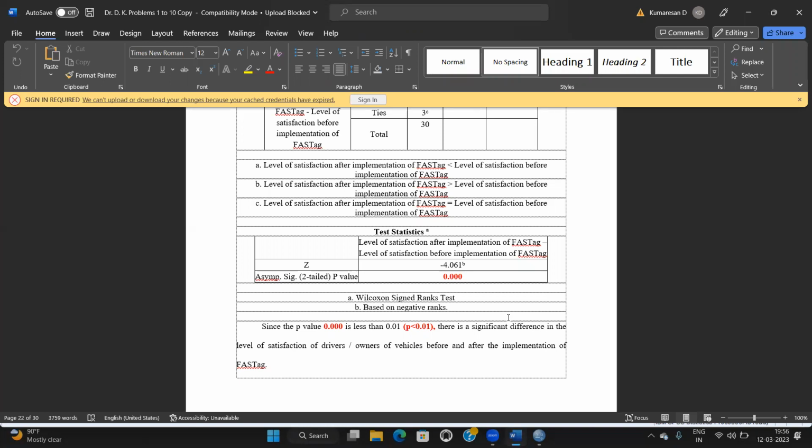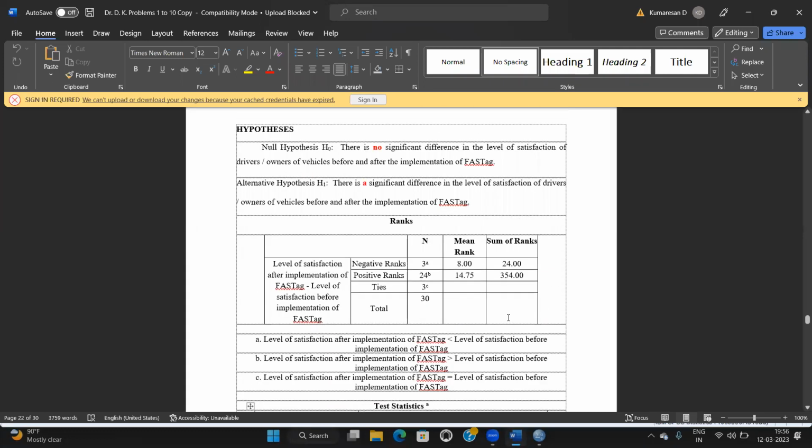If the P value is less than 0.05, the chance of accepting the null hypothesis is less. So we reject the null hypothesis. What is the null hypothesis? There is no significant difference in the satisfaction. Automatically, the alternative hypothesis is accepted. If the alternative hypothesis is accepted, it means there is a significant difference.